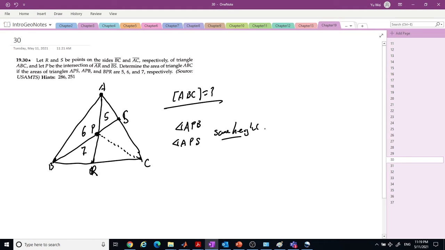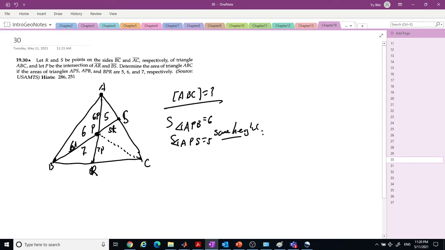So this one is 6, this one is 5, so we know this is 5t and 6t. For the same reason, we know AP and RP are in ratio 6 and 7, so they are 6p and 7p. Okay, now we try to solve this area.